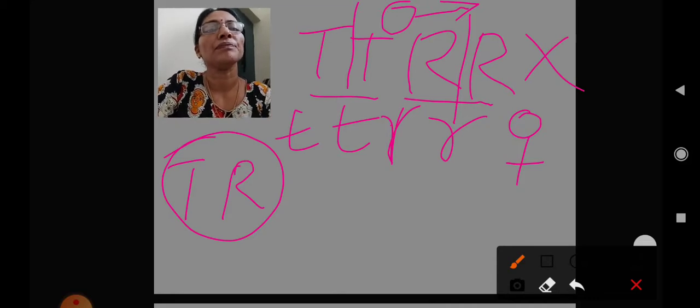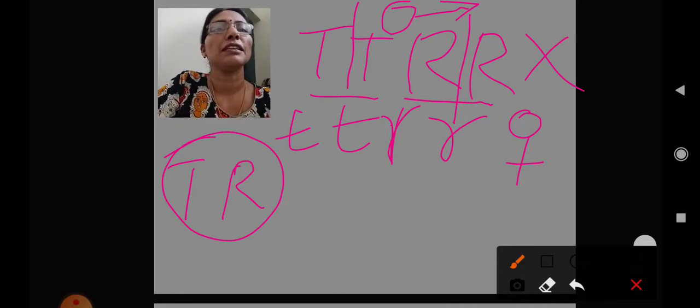So one capital T and one capital R together form a gamete.